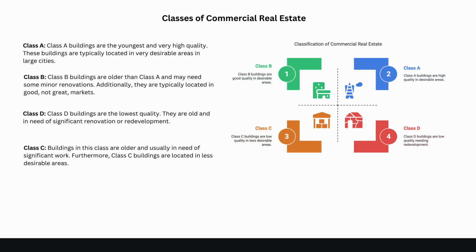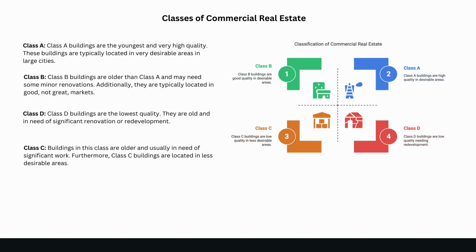All right. So in real estate funds, you can see different classes, right? Class A, Class B, Class D, and Class C. Let's discuss them. Class A is for very high quality assets, located in a very prominent area.